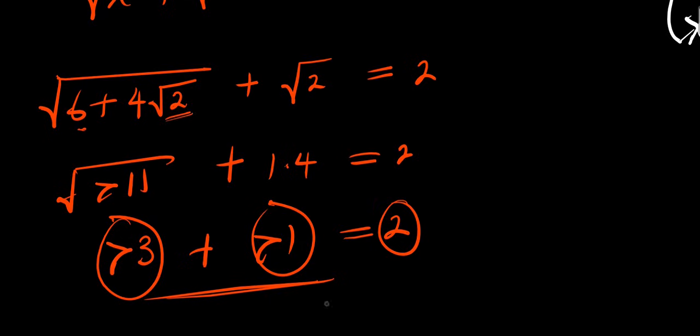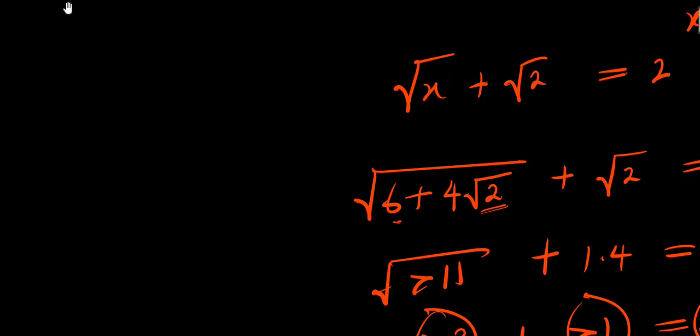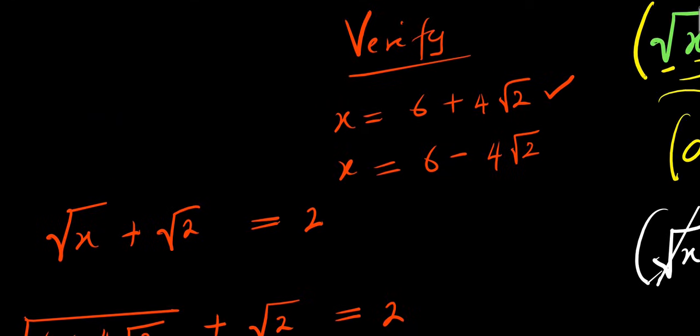So what we are going to do will be to consider when x equals 6 minus 4 root 2. So this means that this particular answer here is incorrect.